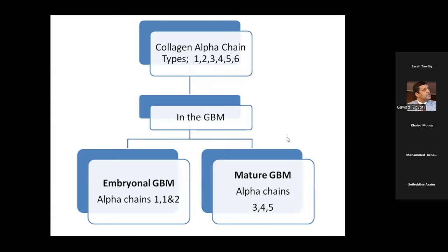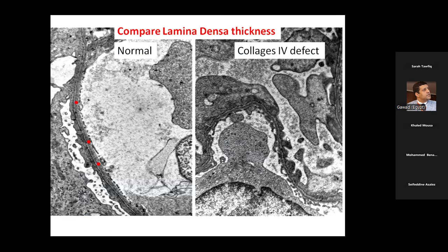Collagen alpha chains are of 6 types. Again, in the glomerular basement membrane, when it's embryonal, it will be formed of 1, 1, 2. Mature, it will be formed of 3, 4, 5. I would like you to compare the two pictures, the normal one and the one with a collagen 4 defect.